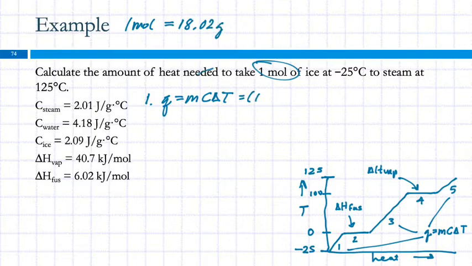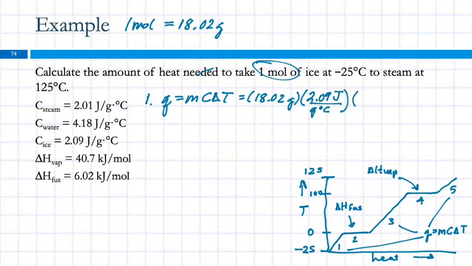So I've got 18.02 grams of ice, and then I need the specific heat capacity. Here I've been given steam, water, and ice. I want to use the one for ice, so that's 2.09 joules per gram degrees Celsius.